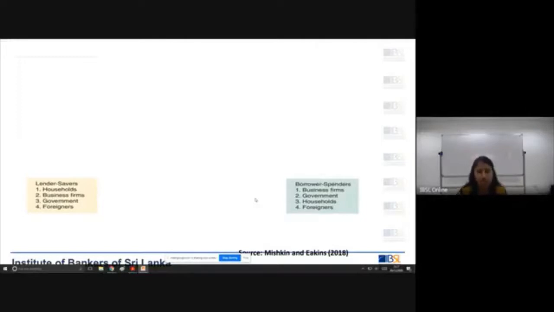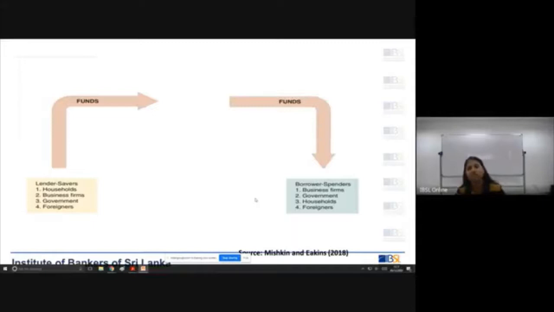Okay, so one of the earliest methods to get the funds from the savers and route it to the spenders, one of the ancient methods that has come, is that there is an intermediary in between. Okay, so you have a financial intermediary in between who will accept deposits and then lend them to the deficit unit.